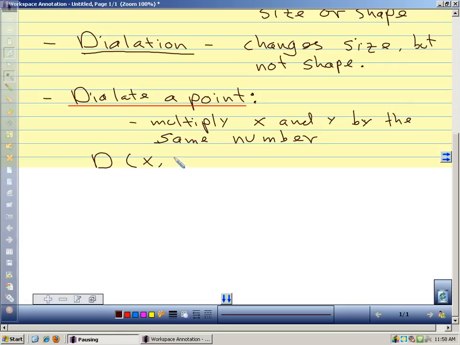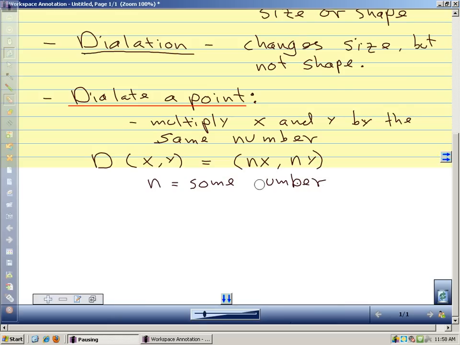The dilation of the point xy equals some number times x, and our y coordinate is some number times y. So n is just some number. And we call the number the scale factor. So we're just multiplying our x and y by the same number.